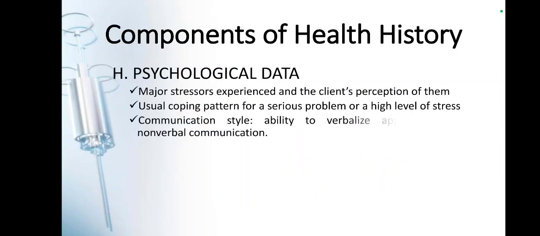As for psychological data, this includes any major stressors experienced by the patient and their perception about it, and the usual coping patterns used by the patient for a serious problem or high level of stress, any communication styles, which includes their ability to verbalize appropriate emotions or nonverbal communication.